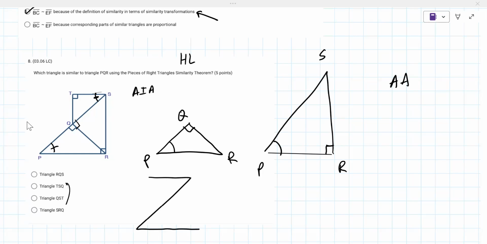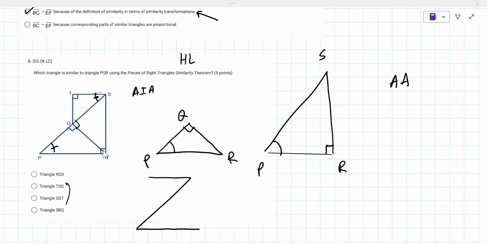Yeah, what I'm seeing here is this RQS. I'm seeing that it's actually not this one up here. It's this other one that's congruent.